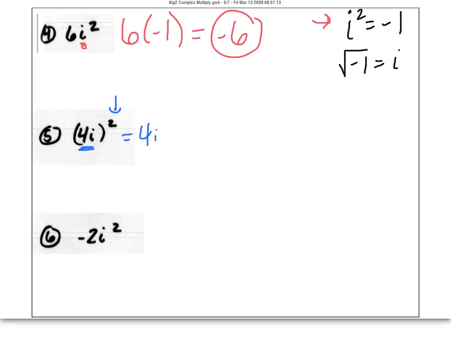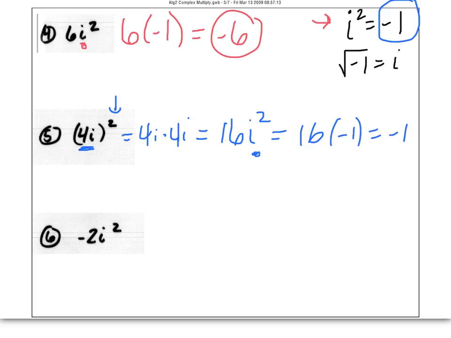So it means 4i times 4i. Well, that becomes 4 times 4 or 16. i times i is i squared. Don't stop here. Remember, i squared is negative 1. So I'm going to replace i squared with a negative 1 and get a negative 16.